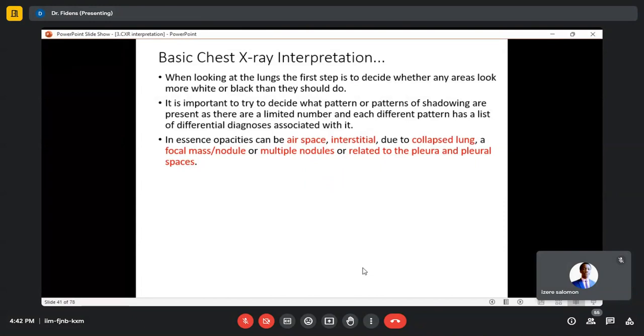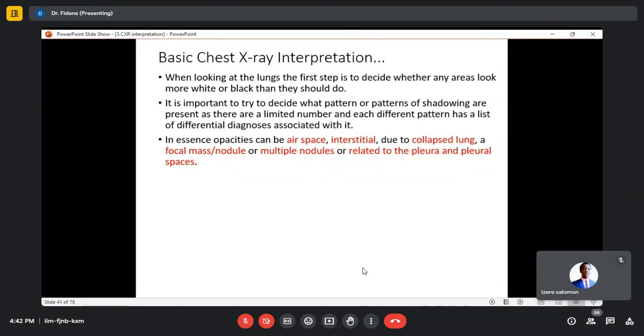Remember what is interstitium? And the shape of that area, like airspace, the shape of opacity will be differentiated from interstitial one, because interstitial one will be either linear or reticular or nodular. But airspace opacity will, in most cases, be patchy, irregular opacity, big, patchy. But interstitial will be linear or nodular or combined reticular nodular, you know.